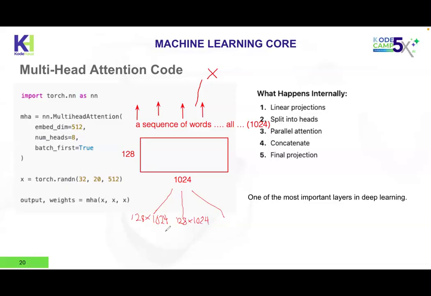When you do QK transpose, what you are effectively going to end up with is 1024 by 1024, which is effectively how each of this sequence of words attends to the other sequence of words.